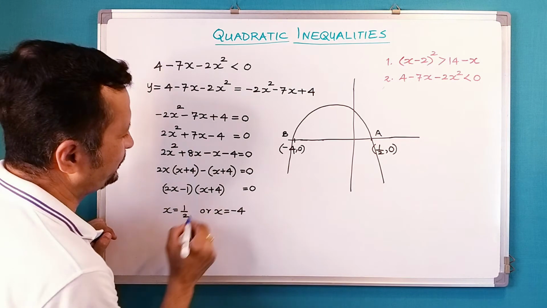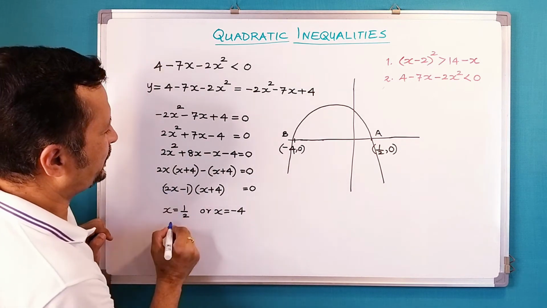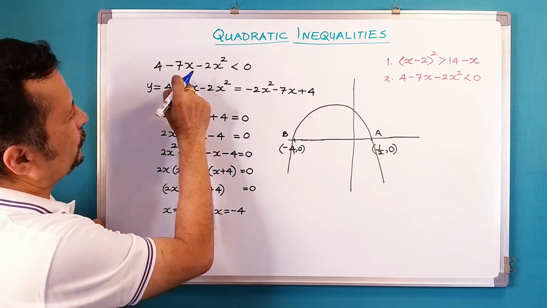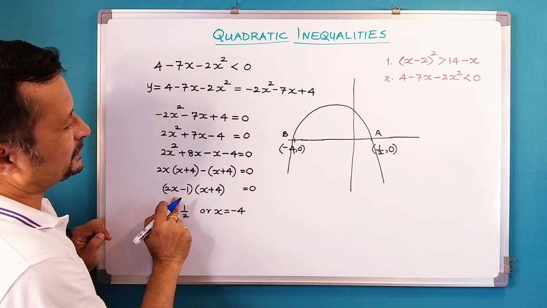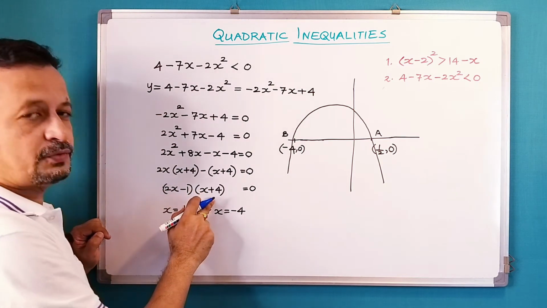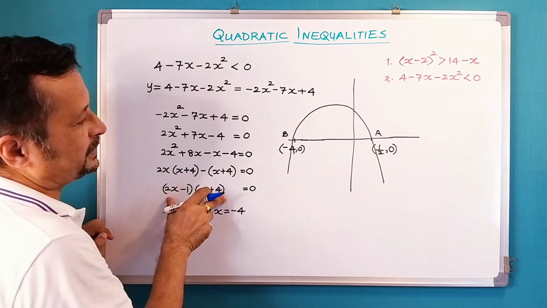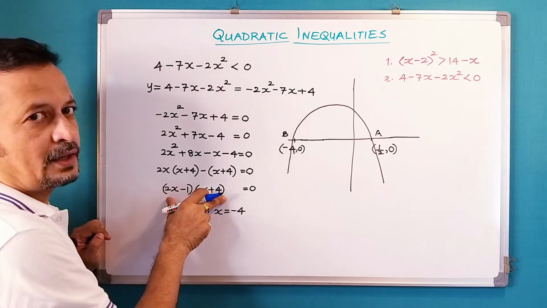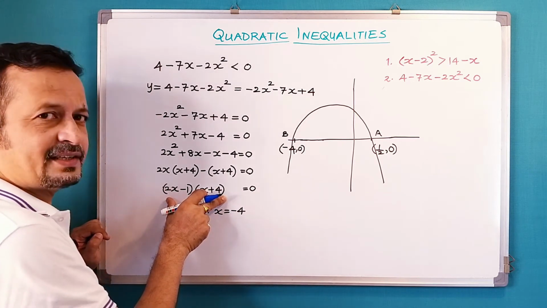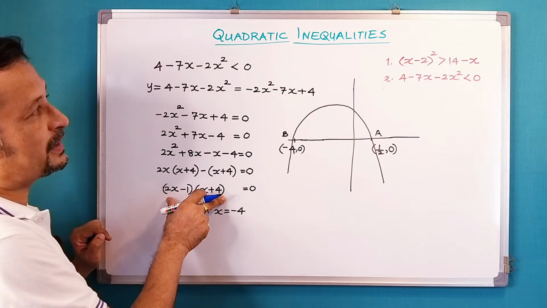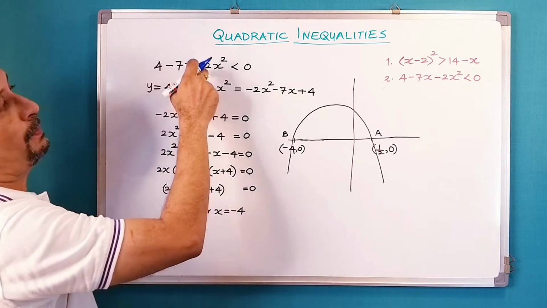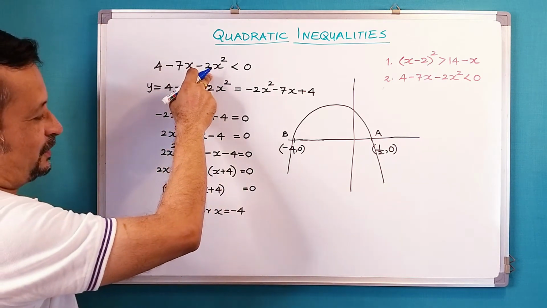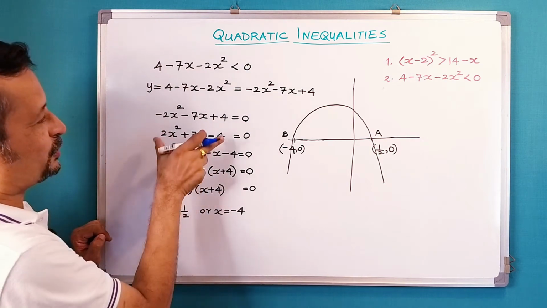The product of 2x minus 1 and x plus 4 has to be less than 0, or should it be greater than 0, because here it is minus 2x square. Okay, so if I rewrite this, it is going to be this.